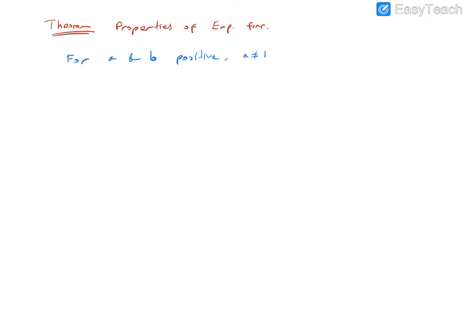So a should be different than 1 and b has to be different than 1, and x and y are real numbers. Don't consider y as a function of x. Here both of them are unknown, both are independent variables. Because you will get some properties of the exponential function, most probably you know them from high school.